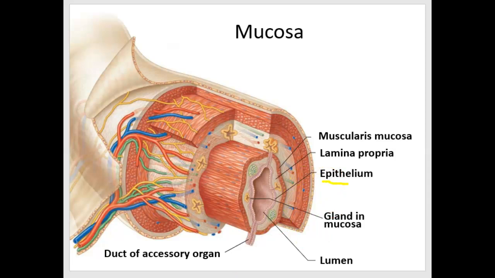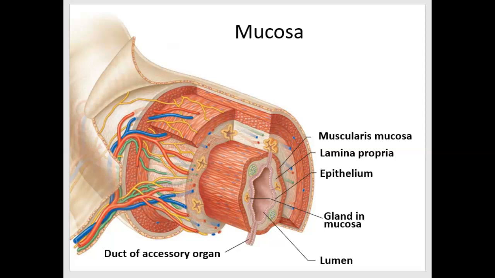So we already had epithelium, and now we're talking about the loose connective tissue, which is called the lamina propria. You'll see that there are some glands associated with the lamina propria, as well as some lymphatic tissues. In the stomach and the small intestine, you'll see these glands forming gastric pits and intestinal crypts that go into the lamina propria.